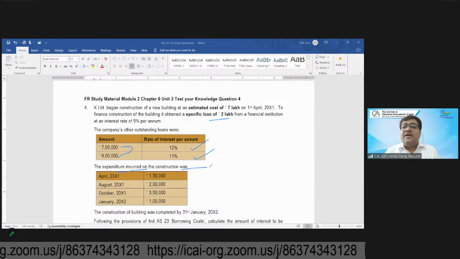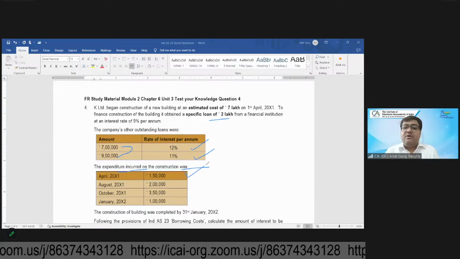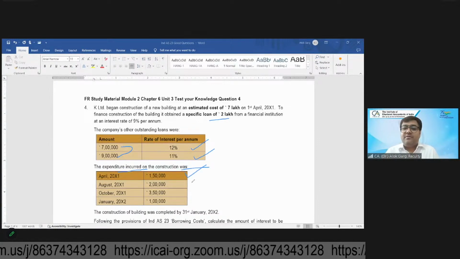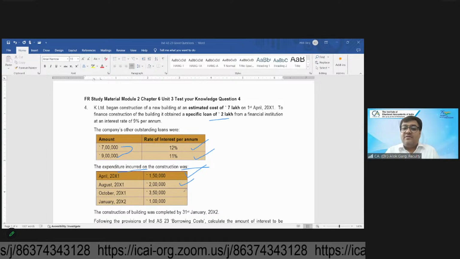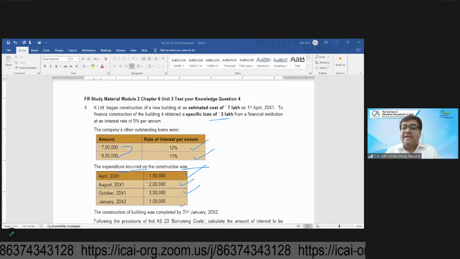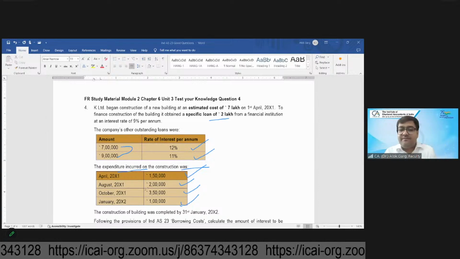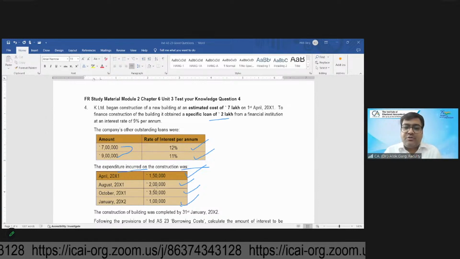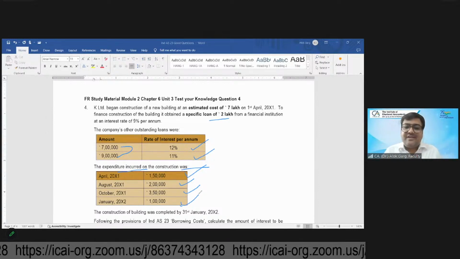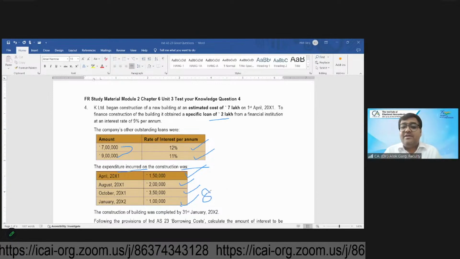Expenditure incurred on the construction was in April 1 lakh 50,000, August 2 lakh, October 3.5 lakh, and January 1 lakh. The total expense incurred on construction was how much? 1.5 plus 2, 3.5, 3.5 plus 3.5 and 1. The total expense incurred was 8 lakh.